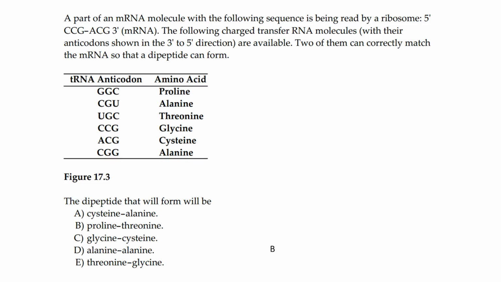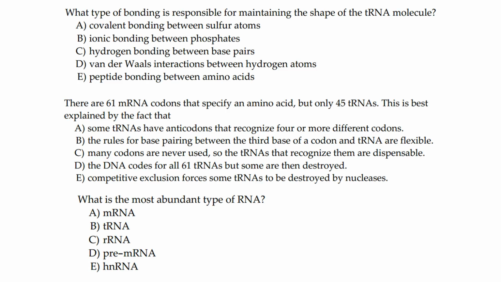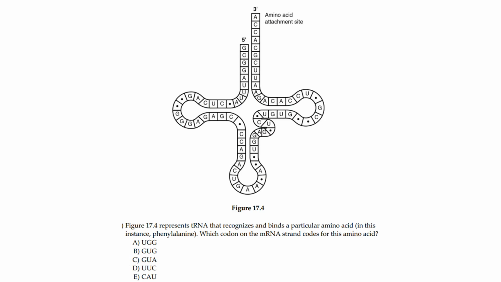So the answer is here. If you couldn't find the answer, look back at the module, it's there. The most abundant type of RNA is the rRNA I mentioned earlier. And then this diagram, what do you think the answer is?